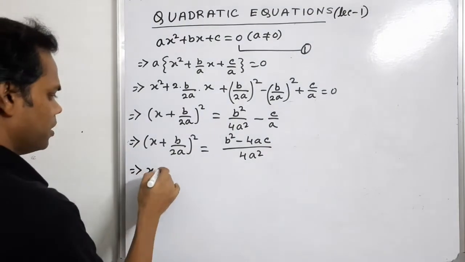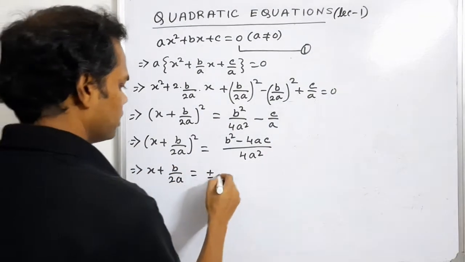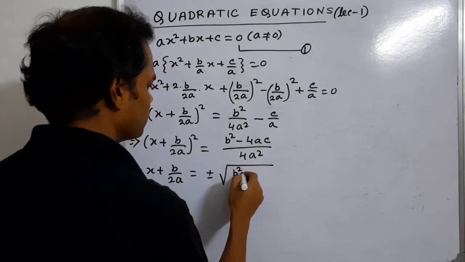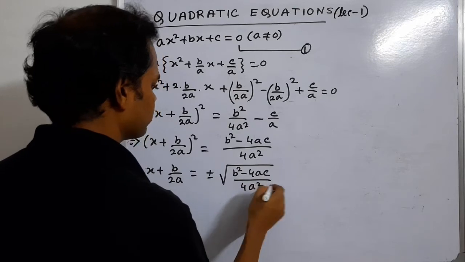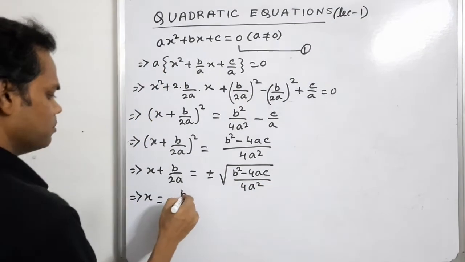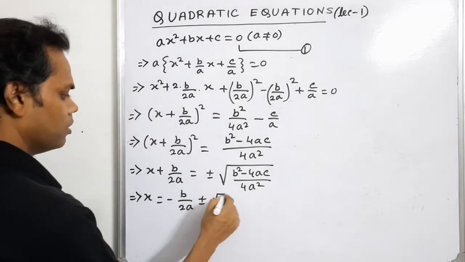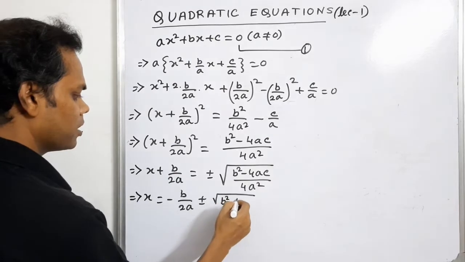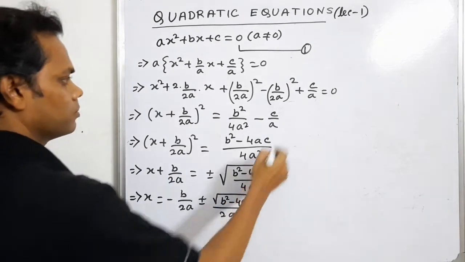So x plus b by 2a equals plus minus square root of b square minus 4ac by 4a square. So x equals minus b by 2a plus minus square root of b square minus 4ac by 2a.